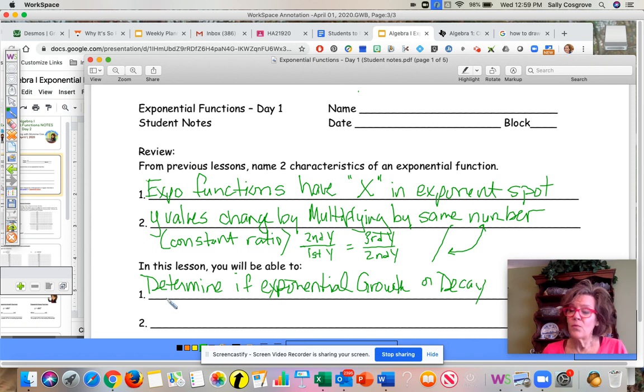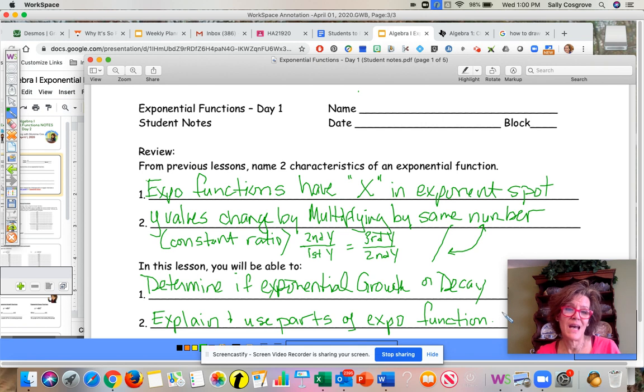Or and the second thing is that we're going to be able to explain. I will try to be neater with this, sorry. Explain and use the parts of an exponential function.